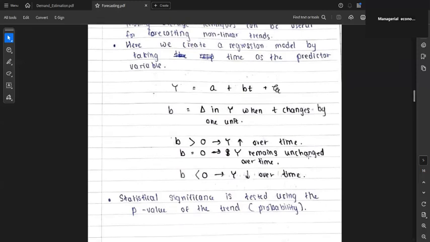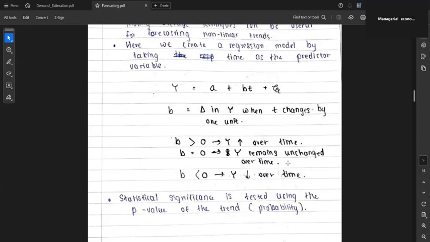As you can see here, y equals a plus bt. T is the independent variable, and the response variable is the dependent one. Time is the independent variable taken here. B, the slope, is the change in the dependent variable when time changes.